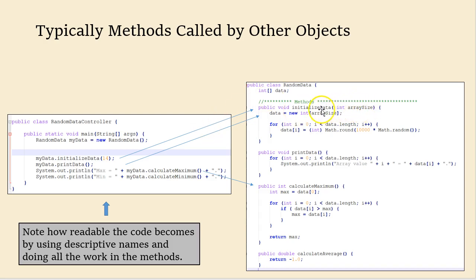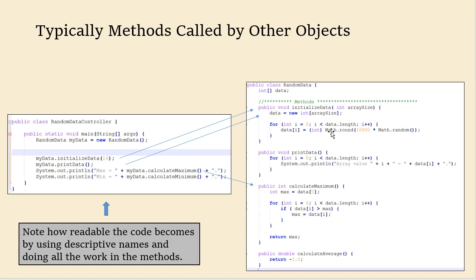And so I let initializeData take in as its input parameter the size of the array that I want to make, and then I actually make the array here. data equals new int, now I know how big it is. This is a common cheap trick. And then just to initialize the data, I did this standard, fill it up with random data, using the for loop as before.